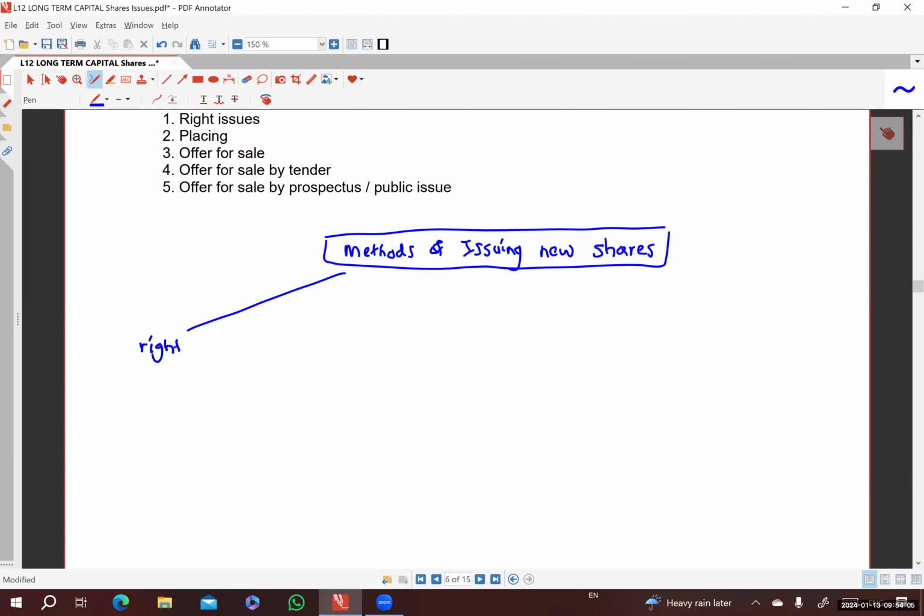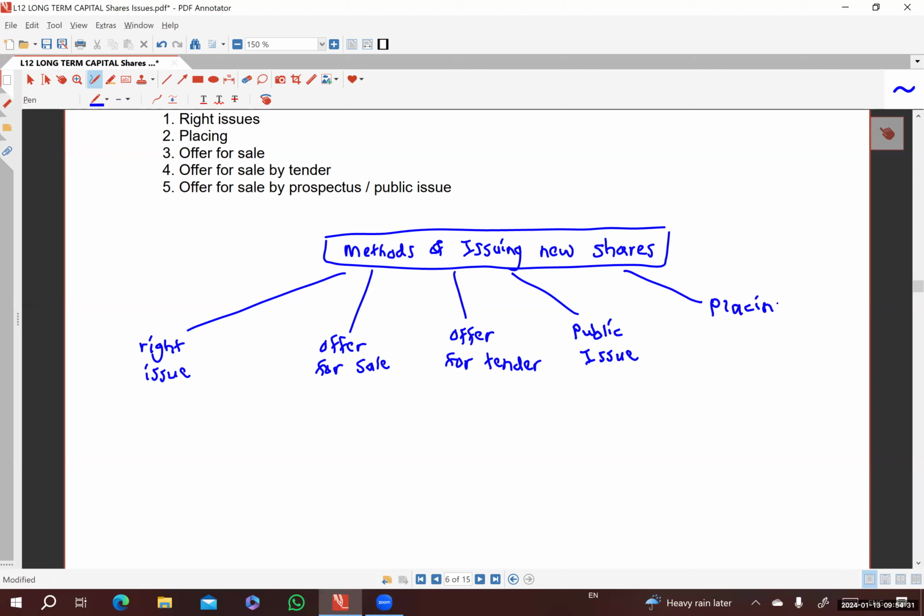We have right issue. We have offer for sale. We have offer for tender, on a tendering basis. We have public issue. We have placing, also called private placement. Right, different methods of issuing shares.